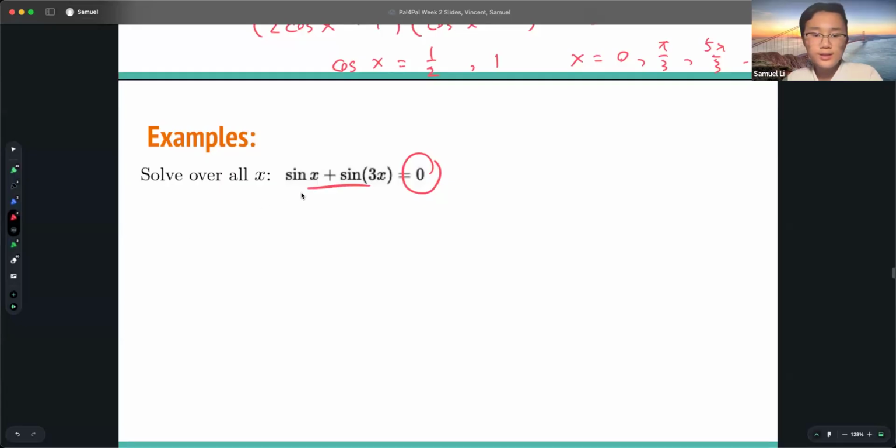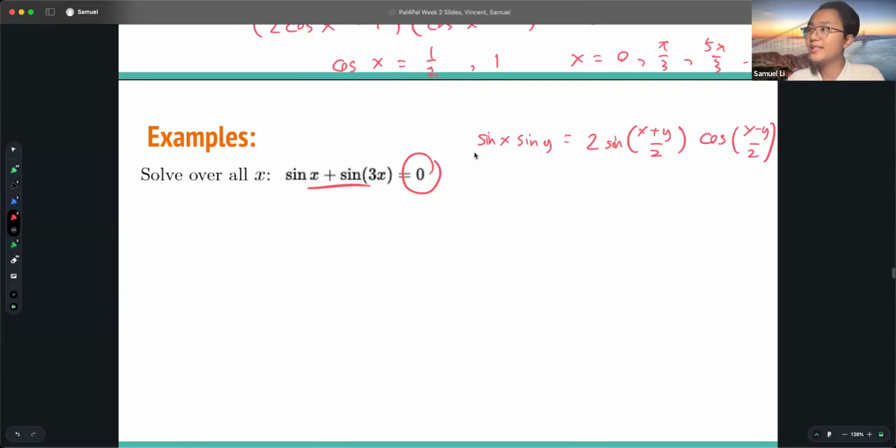So using the sum to product identities, in particular, we're going to use sine of x plus sine of y is equal to 2 sine of x plus y over 2, and then cosine of x minus y over 2. I think this is correct.